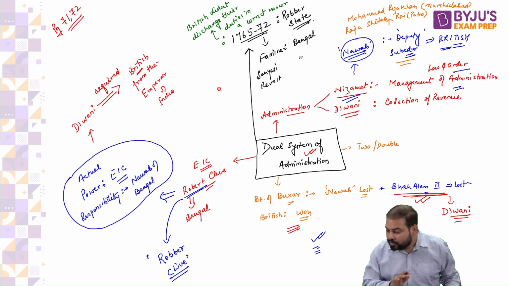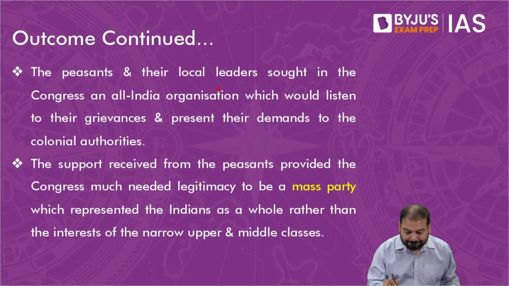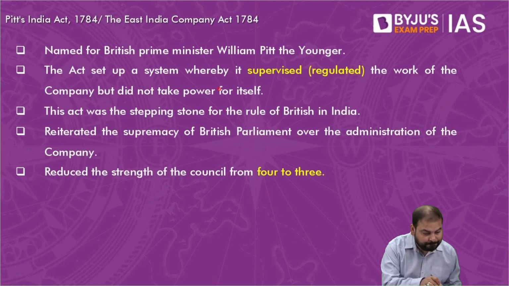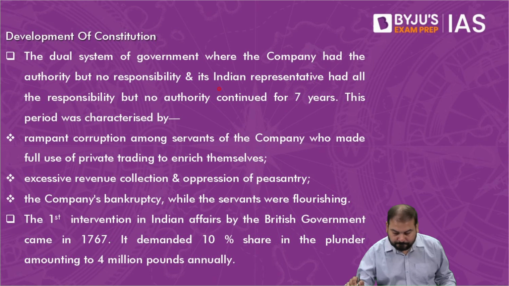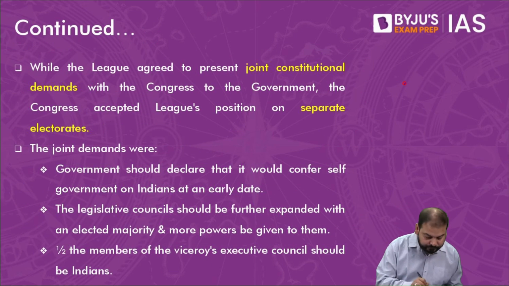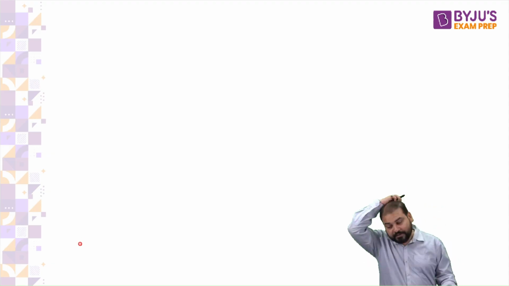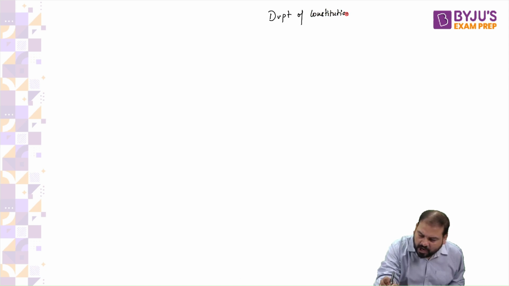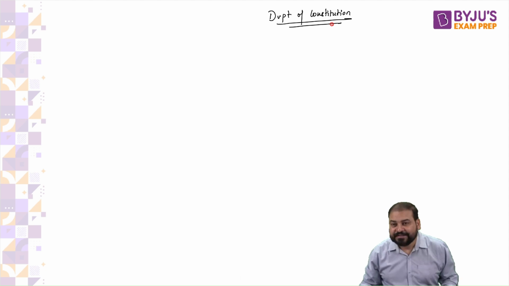All of you, clear? Everyone, the second topic of the day: how the Britishers are ruling, how slowly and slowly they are trying to govern us, how their administration is getting set up.